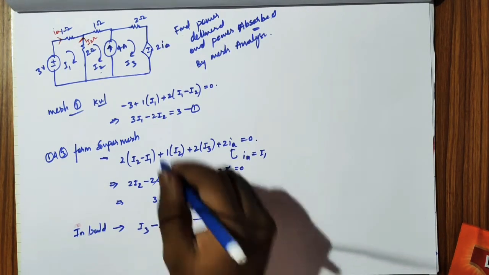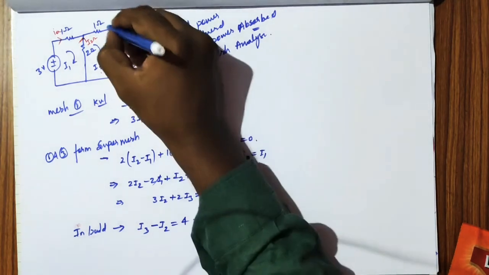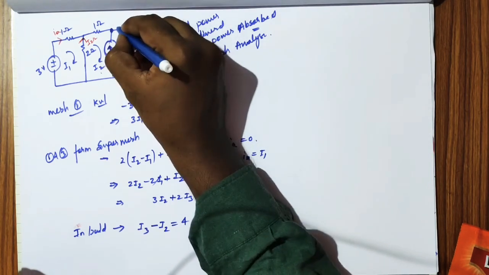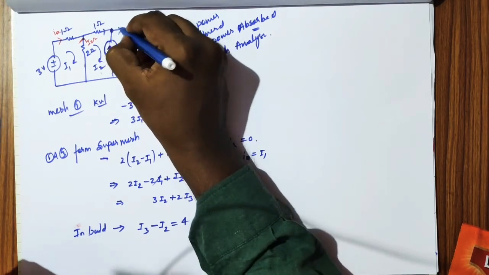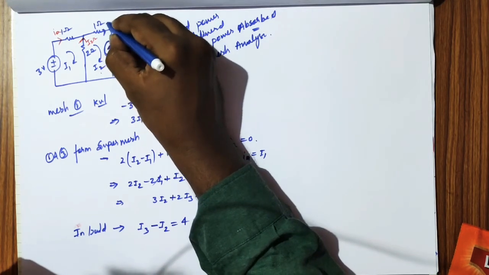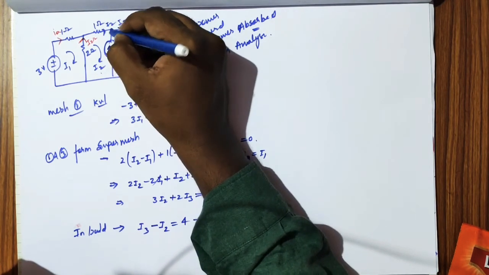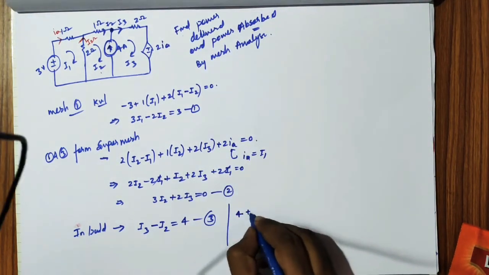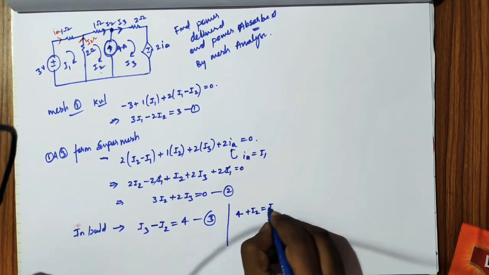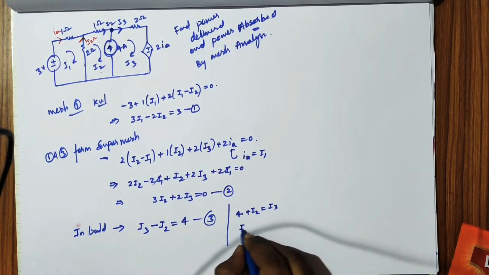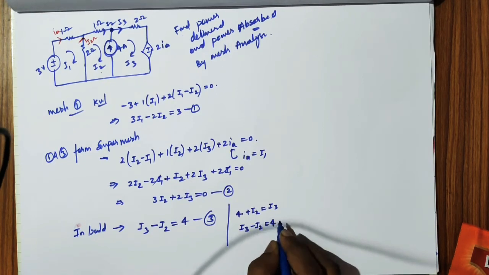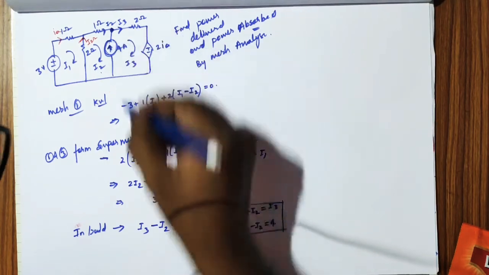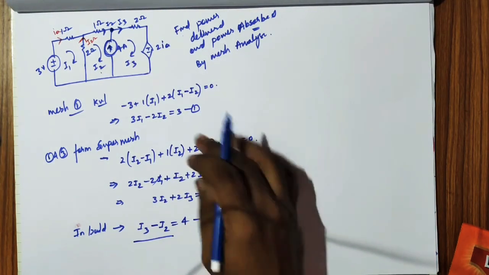Or you can do KCL at this node: entering current is 4 amps plus I2, and the leaving current is I3. Therefore I3 minus I2 equal to 4. So you can directly apply KCL at this node, or draw this equation by directions. Now you have 3 equations.